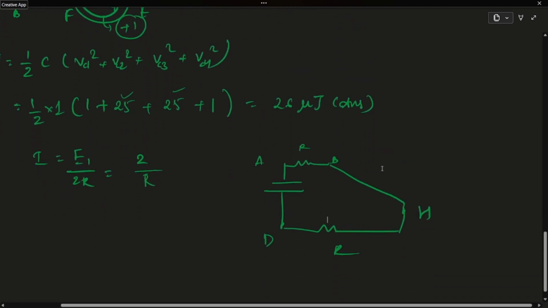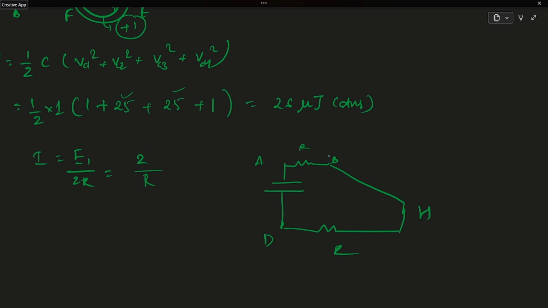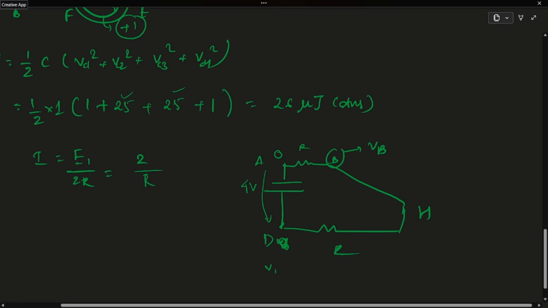Now, what will the voltage be? Let this point be 4 volt. This point is 0. This point is V. This point is 0 as A to D. There will be an increase of 4 volt. So the voltage at D will be 4. Current will flow like this.